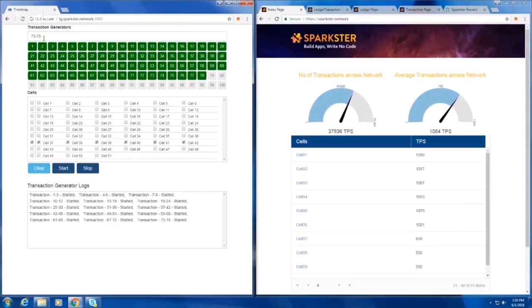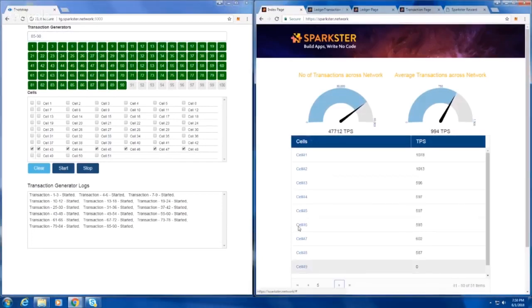Now we're moving quickly in the interest of time here. So 41,500 transactions a second. 44,000 transactions a second. Now, I have to tell you, these are 44,000 transactions a second arriving into the network every single second.